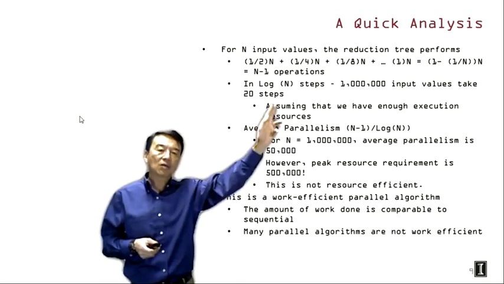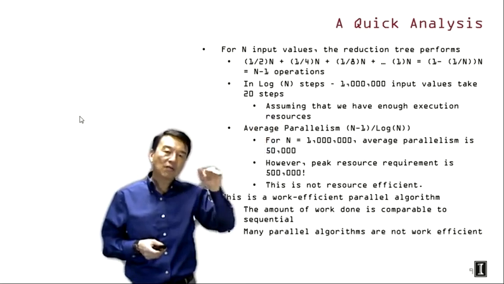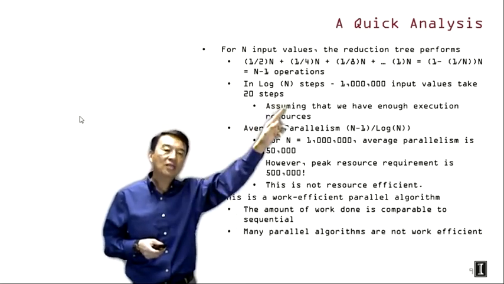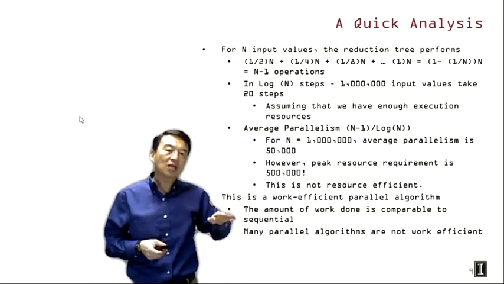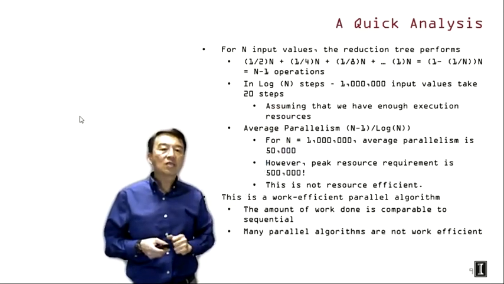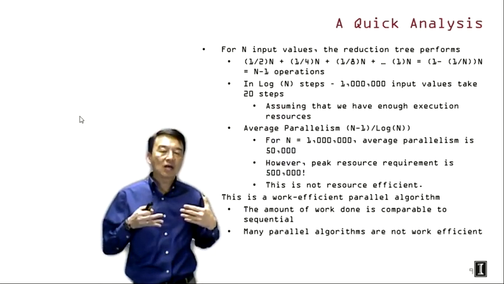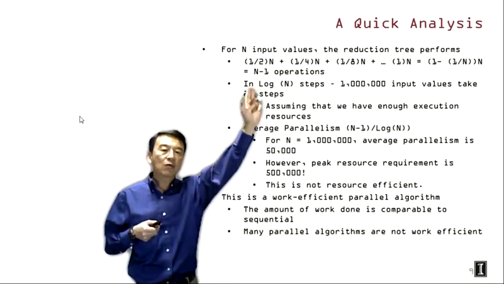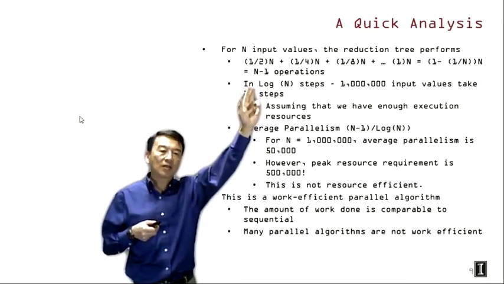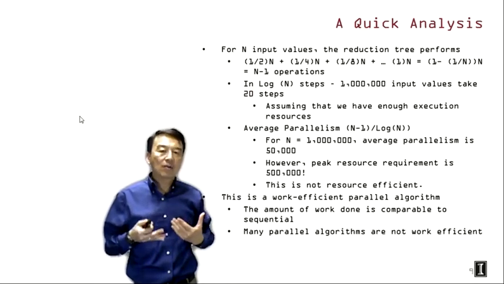So we only need to do 1/4 of the original n operations for the second step, and then 1/8 n operations in the next step until we reach n. So this gives us essentially an expression that we can add up to n-1. So this gives us the total number of operations.